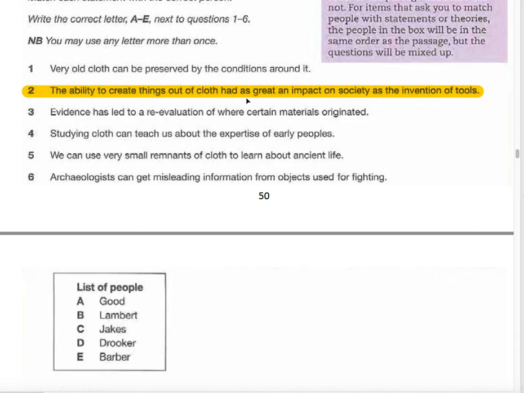So making clothes is as important as making tools. I agree, actually. If we had this really cold winter here in Canada and we had tools but we didn't have warm clothing, we wouldn't be able to survive. So yes, making clothes is very important, okay?